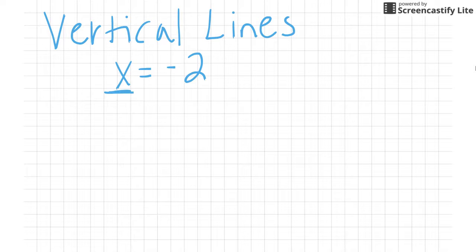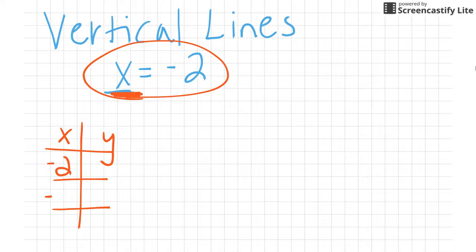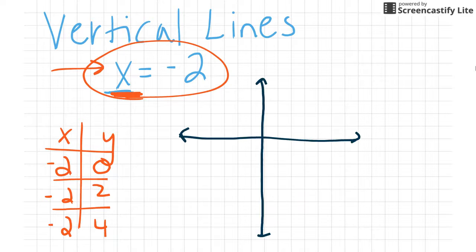Okay, so the same can be with vertical lines. Anytime that you have an x equals, and again, notice that the other variable is not there. It simply says x. So it means if you made a chart of numbers, and these were your x's and these were your y's, the only thing we know is that x has to be -2. So you test some numbers, but it has to be -2. So the y's, you get to make them up, because it doesn't say anything up here about the y's. So let's say 0, 2, 4. And again, I'm simply making them up.